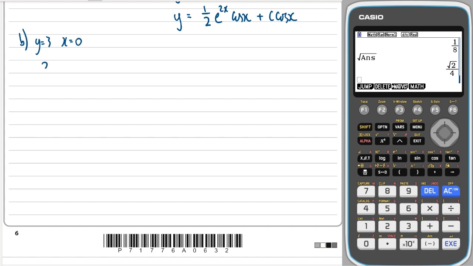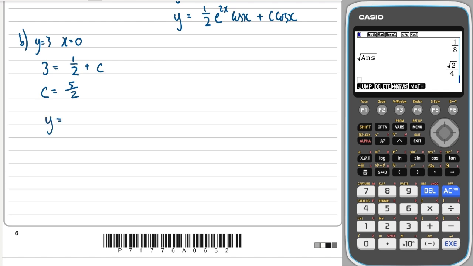This is going to give me 3 is equal to e to the 0 is 1, cos of 0 is 1, so that's all times by 1/2, it's going to give me 1/2, plus, and again cos of 0 is 1, so that's just c, so c is equal to 5/2.